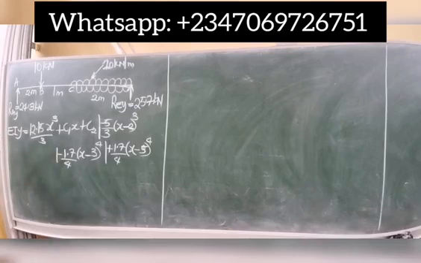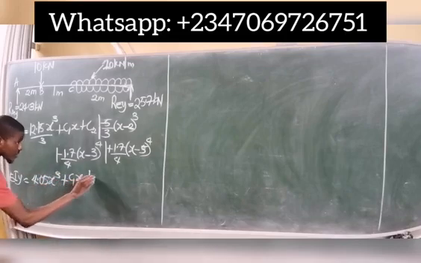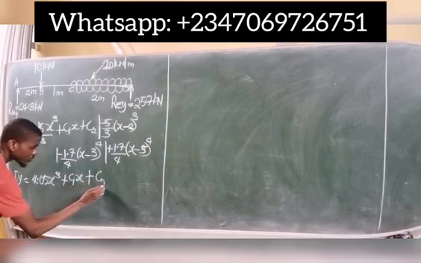Okay, so let's evaluate this equation now and see. We simply have EIy equals 12.15 divided by 3. We have 4.05, so this is simply 4.05x cubed plus C1x plus C2.